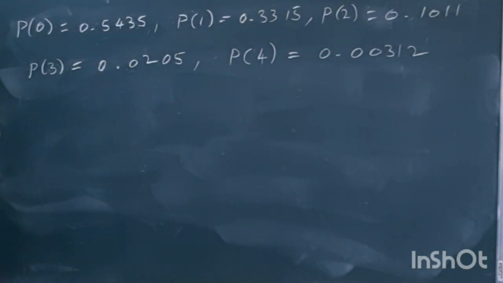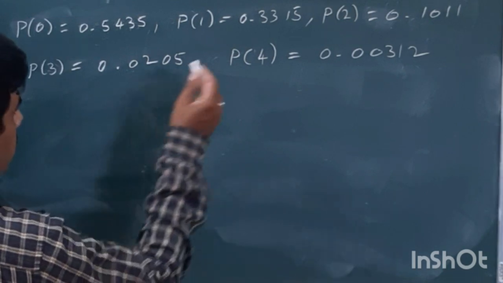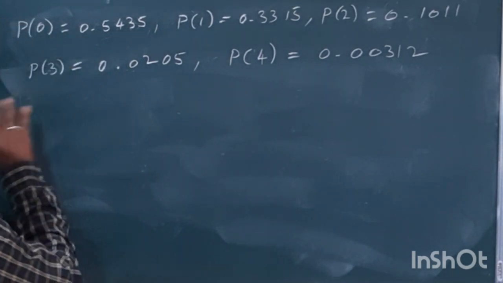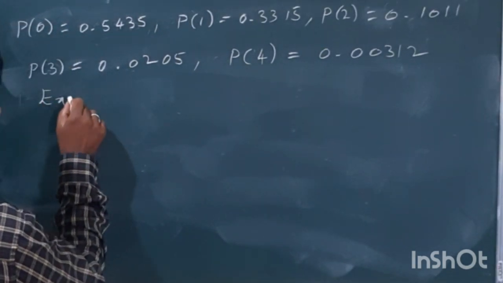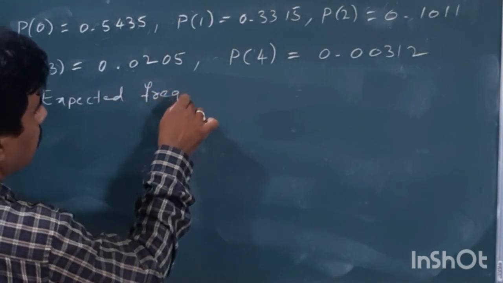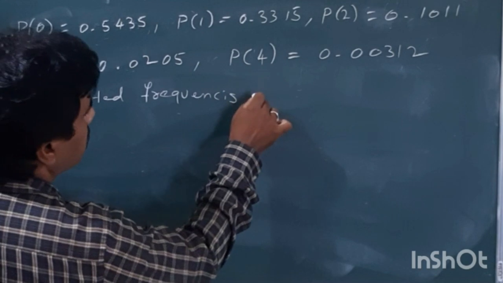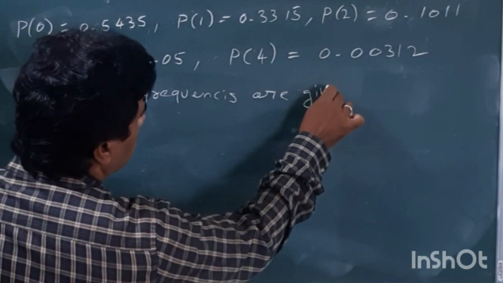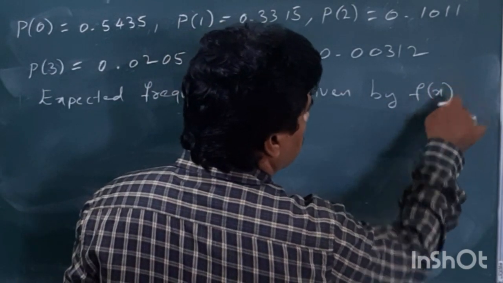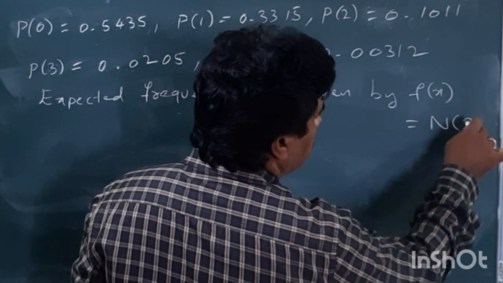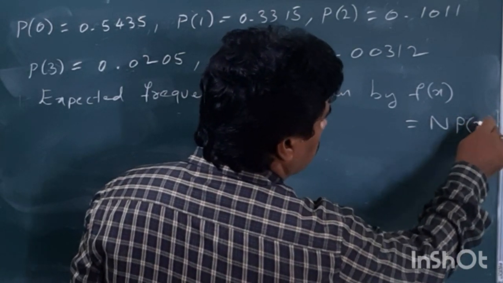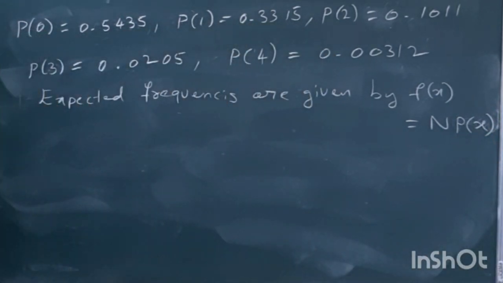Now we need to find out the expected frequencies, which are given by f of x is equal to n into p of x.